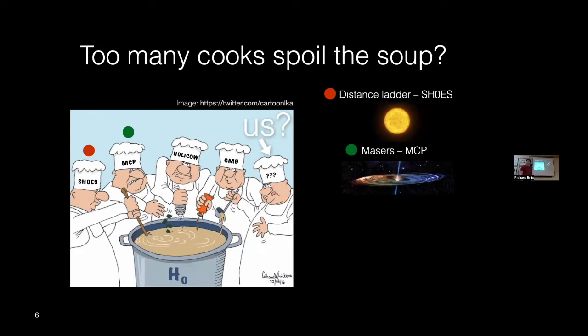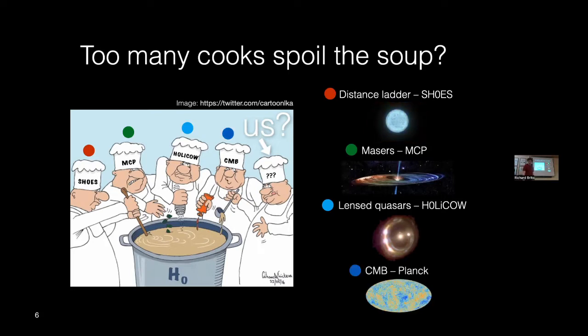That's a one-step measurement that doesn't require calibration and a distance ladder. The same is true for lensed quasars, the H0LiCOW project, which I will very briefly talk about later when I come to the lensed supernovae. And then, of course, there is the early universe, CMB-based studies, the Planck team, and so on.